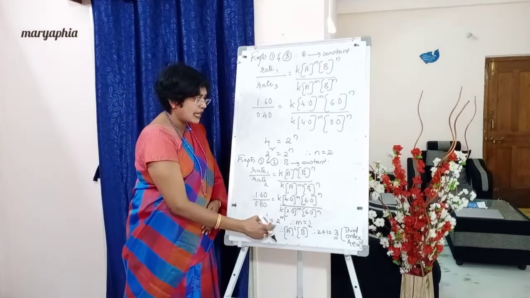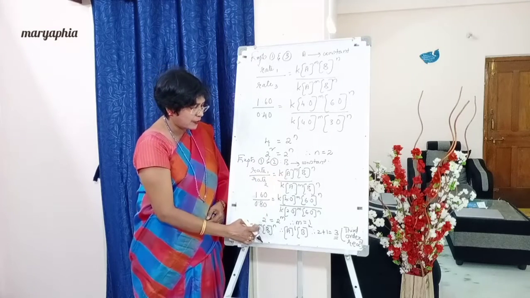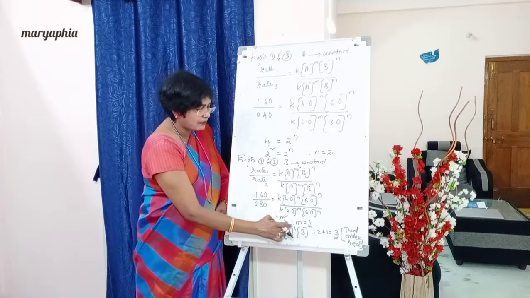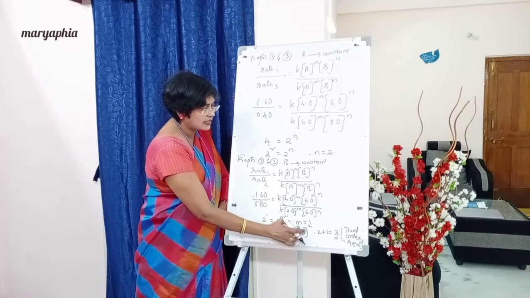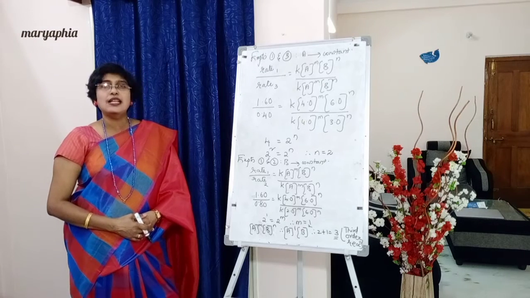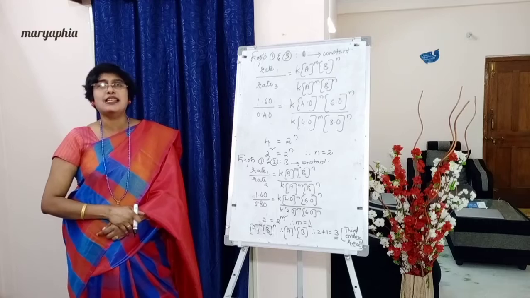Therefore n is 2 and m is 1. In the formula we have concentration of A to the power m, concentration of B to the power n. So, concentration of A to the power 1 into concentration of B to the power 2. To find the order, we add the powers of the concentration terms of the reactants.